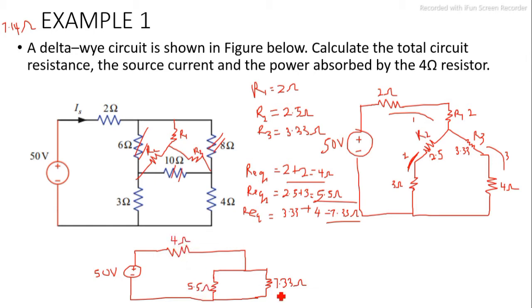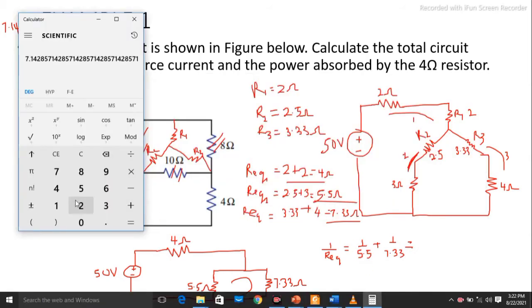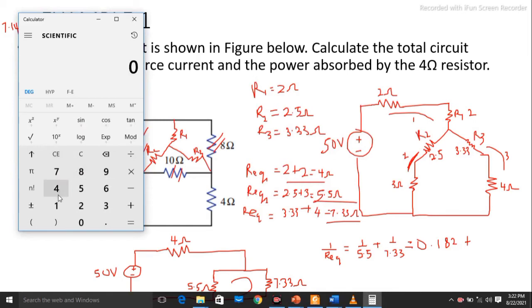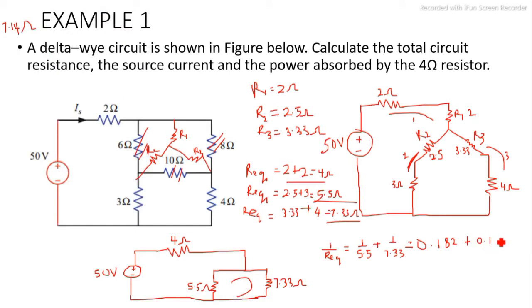Now the 5.5 and 7.33 ohm resistors are in parallel. So let's find the equivalent of this loop. 1 over R equivalent, since they're in parallel, equals 1 over 5.5 plus 1 over 7.33. 1 divided by 5.5 is 0.182. 1 divided by 7.333 is 0.136.